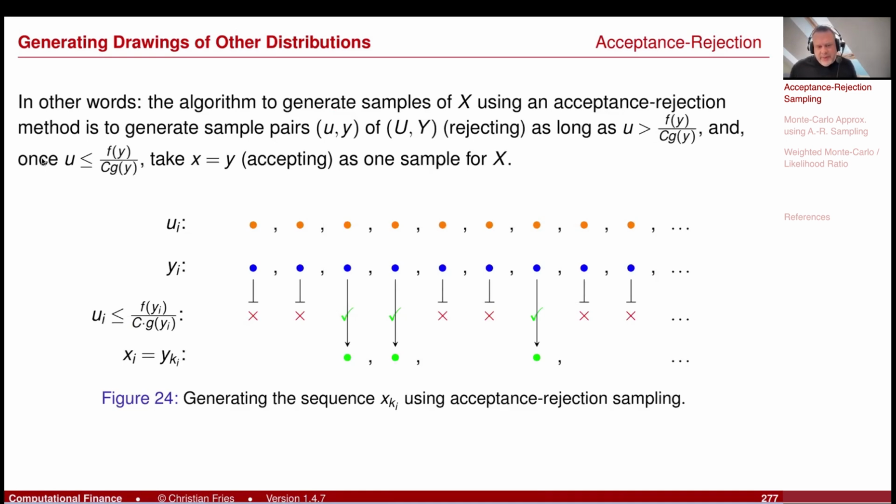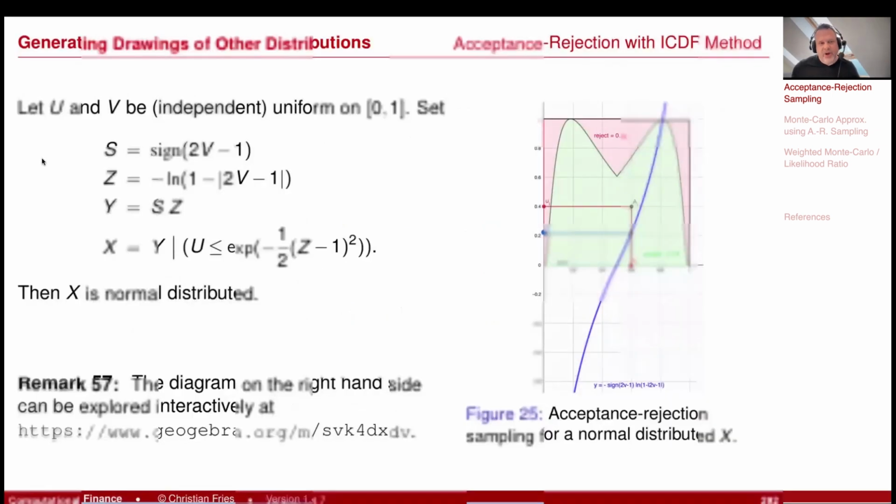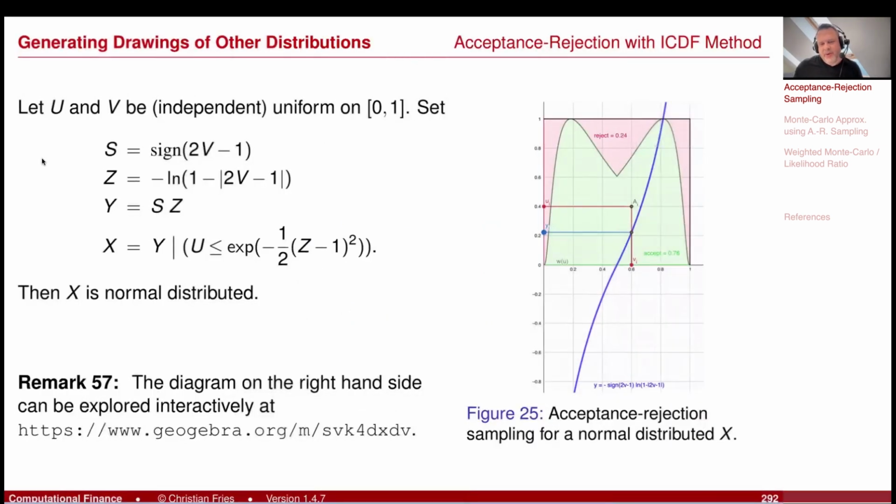So with this criterion, you filter some points out of the blue sequence to obtain the green sequence. We had this nice example with the normal distribution, how we can generate a normal distributed sequence by filtering a double exponential distributed sequence. The blue line in this picture is the distribution function of the double exponential.